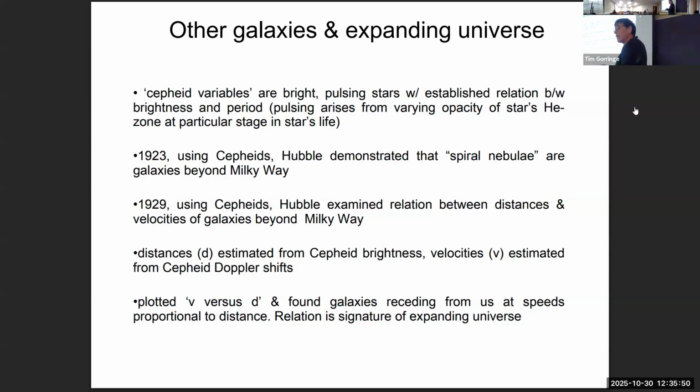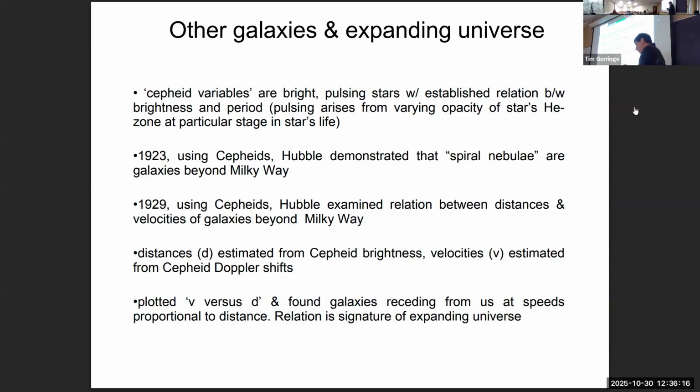And the pulsating is really a pulsating of the amount of helium and the opacity of the helium, causing a pulsating in the brightness of the star. And so it's not that they're so much special stars, they're special in the sense of their special stage in their lifetime.